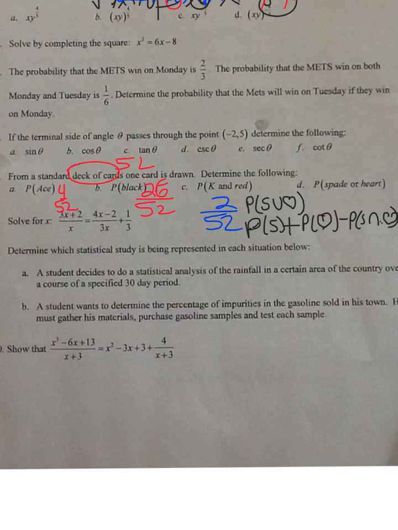All right, the probability that you get a spade is 13 out of 52. The probability that you get a heart is 13 out of 52. The probability that you get a heart and a spade at the same time is 0. So this is a mutually exclusive event, which is 26 out of 52. All right, let's take a look at number 8.